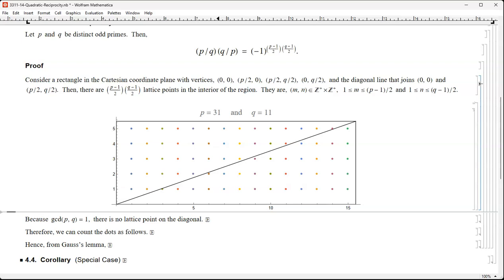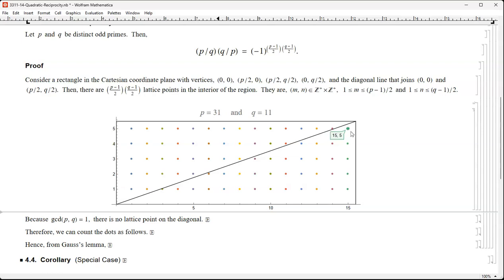Okay, whatever. Now, how many lattice points are there in total? Starting from 1, 2, 3, 4, 5, and so on. Let's see, p over 2 is not an integer, so there's no dot here. So p over 2, one before that, is (p minus 1) over 2. Horizontally, there are (p minus 1) over 2 dots.